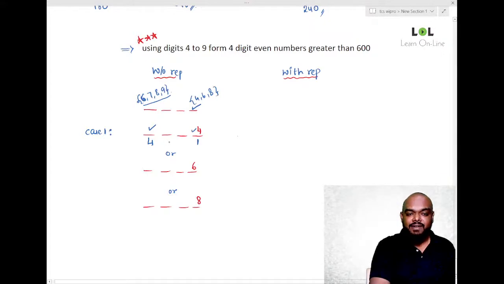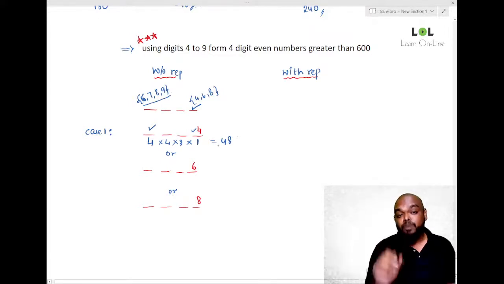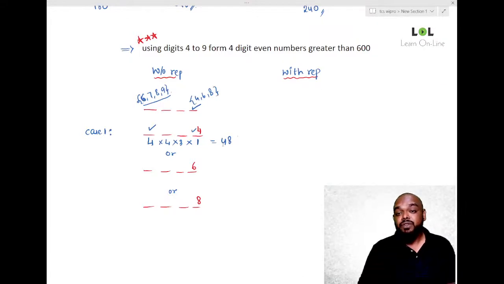Still 4 digits are available. I can fill it in 4 ways. I can fill it in 3 ways. So what do we get here? 16 into 3, 48 numbers. So what does this 48 mean here? We can form 48 numbers which are greater than 6,000 and ending with 4.